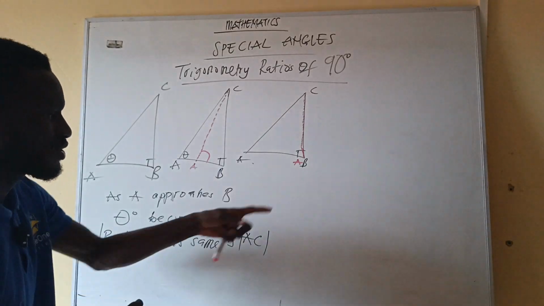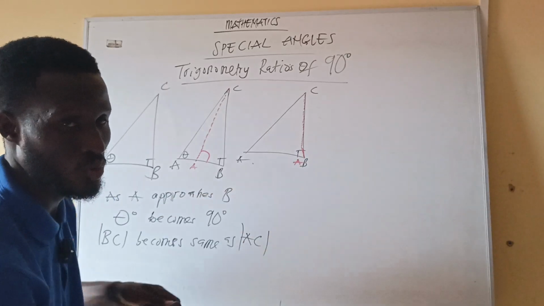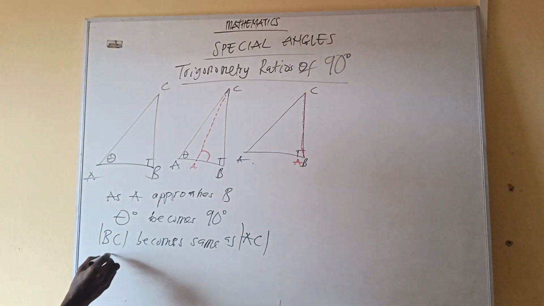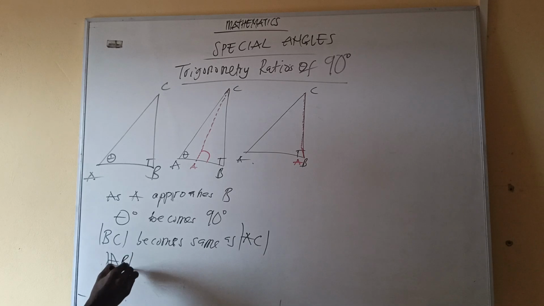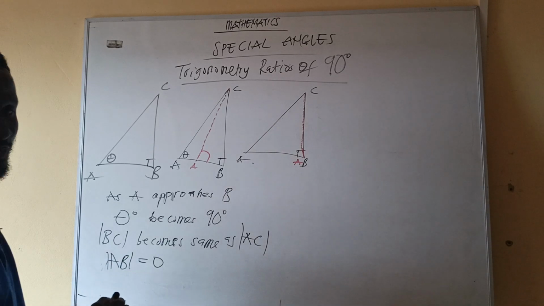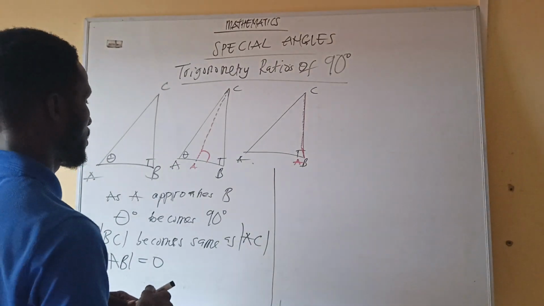Now the last thing is, what will be our AB? Our AB will be 0 because they are all at point B, so the AB becomes 0. So let's go ahead and see what we can do here.